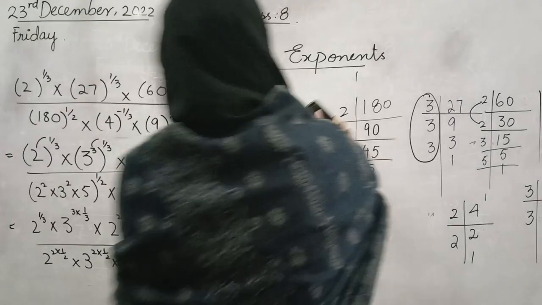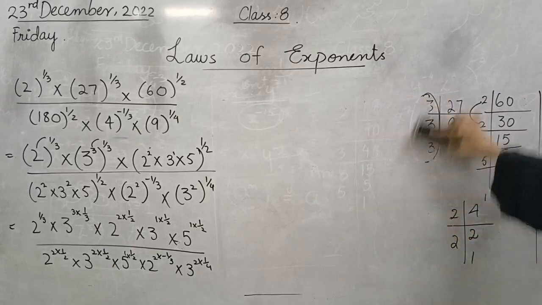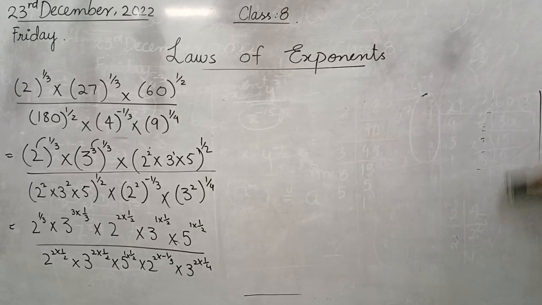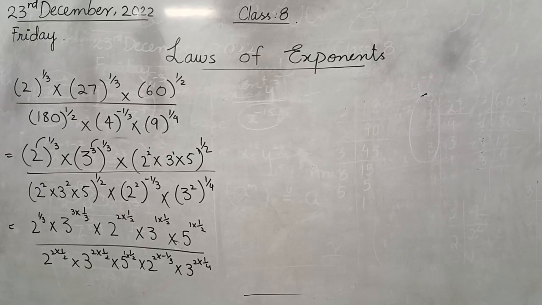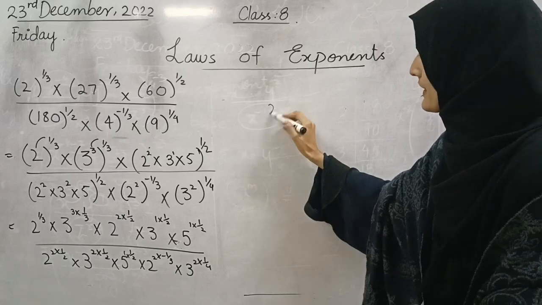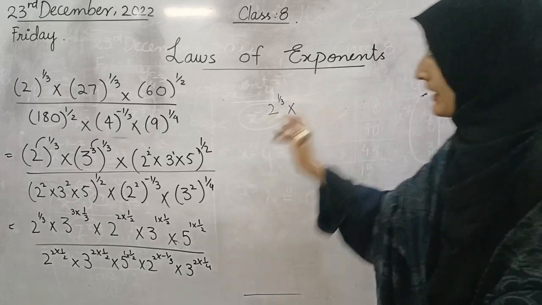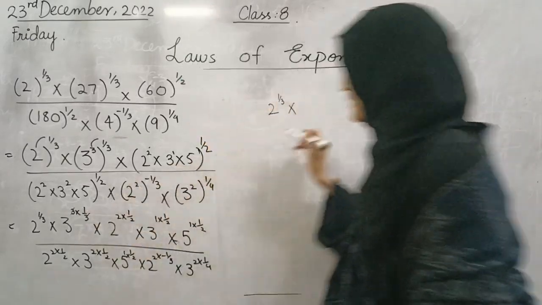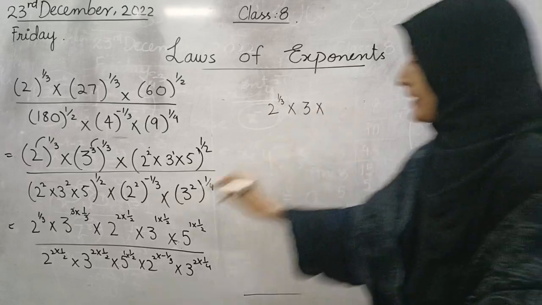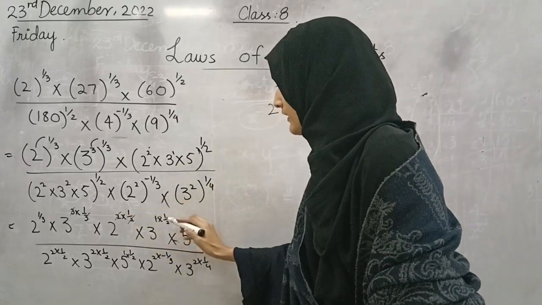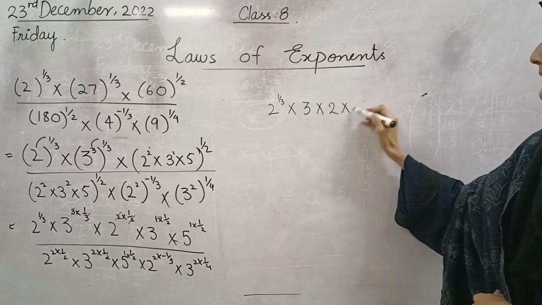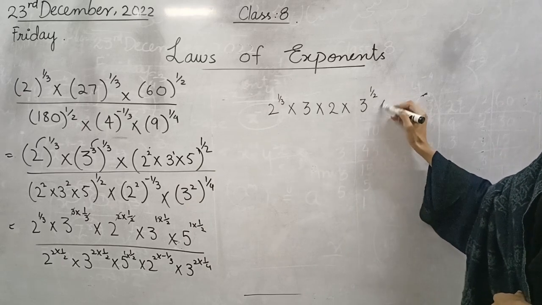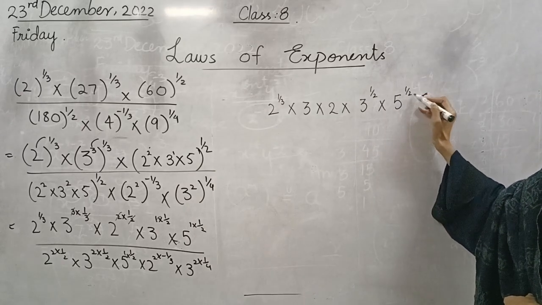Next step is to simplify. Now let's simplify 2 raised to power 1 by 3 multiply 3, this will cancel, multiply 2 multiply 3 raised to power 1 by 2 multiply 5 raised to power 1 by 2.